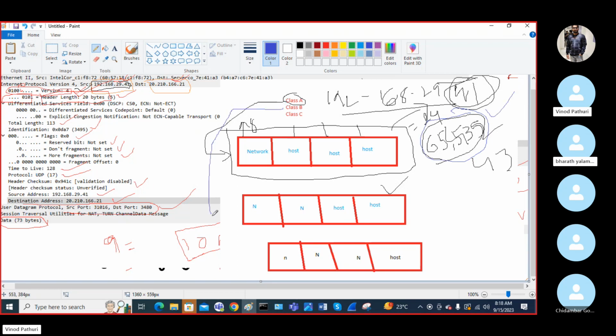In the same way, calculate for class B and let me know how many hosts we can connect. So we have 2 network octets and 2 host octets. What is the value of 2 power 8? 256.